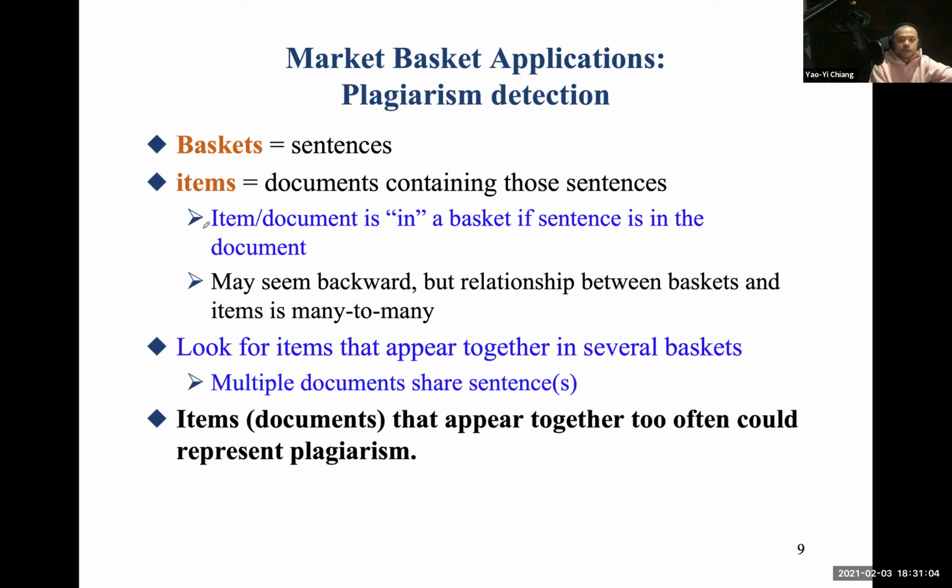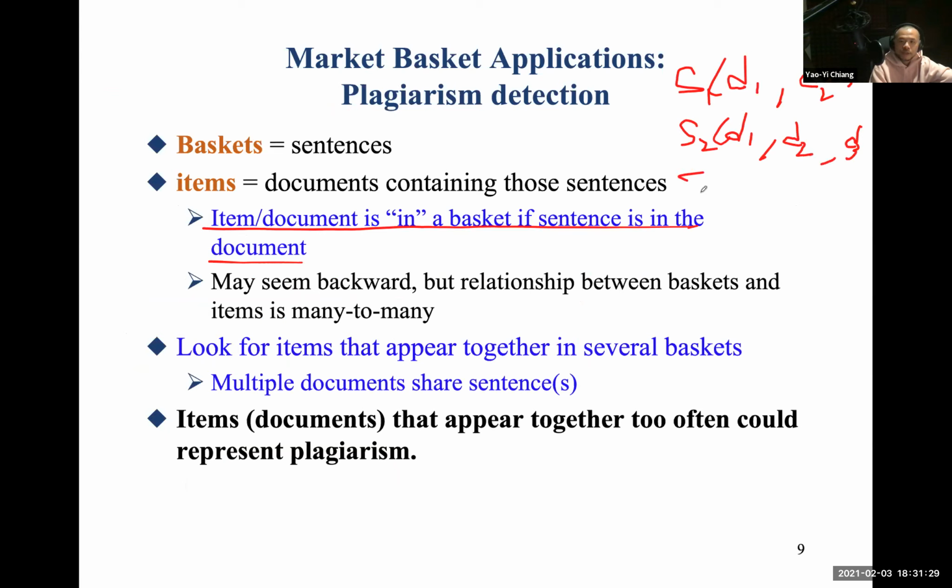So your item is in the basket if a sentence is in the document, right? So it becomes this. Sentence 1, document 1, document 2, and so on. Sentence 2, document 1, document 2, and maybe document 3, and sentence 3, and so on.